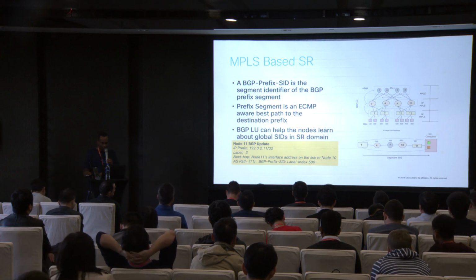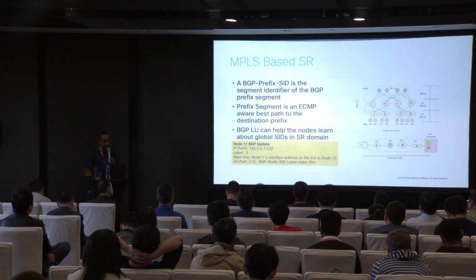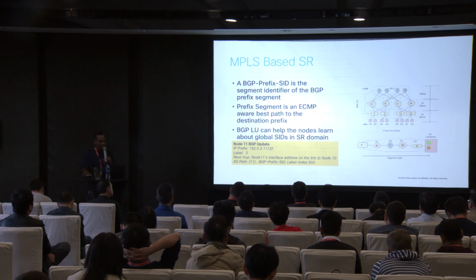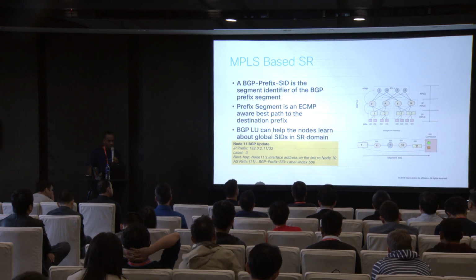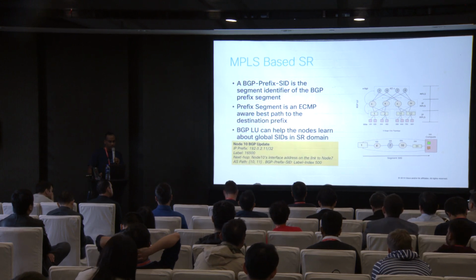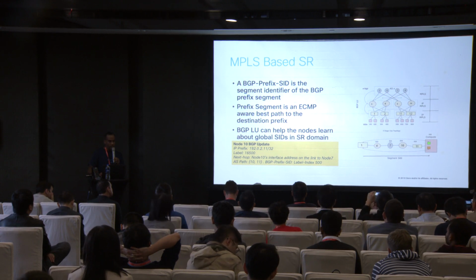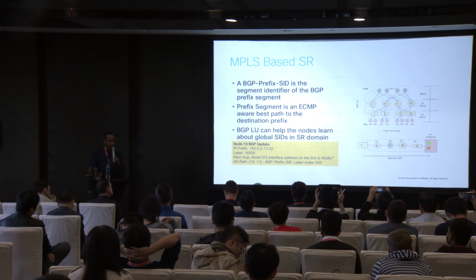So if you want to reach node 11, node 11 sends an update: hey, I have this prefix, and this is my label. This is an implicit label because it's the last hop in the network, and the AS path is 11. It sends it to a neighbor, and the neighbor is going to compute the label 16,500.